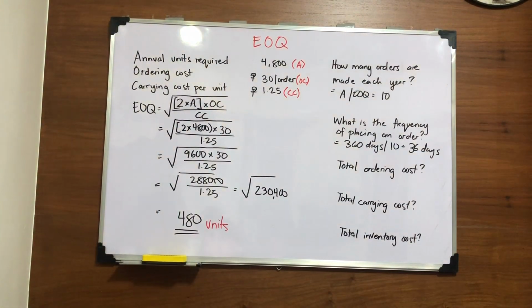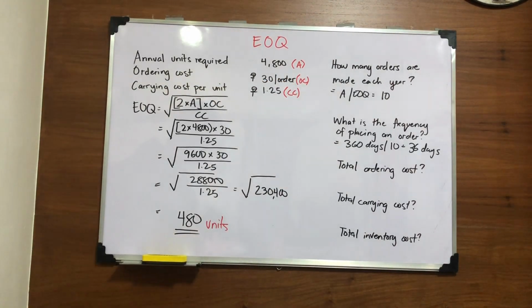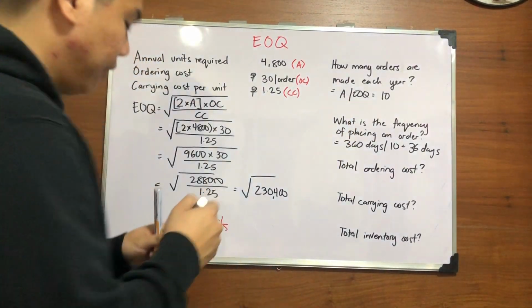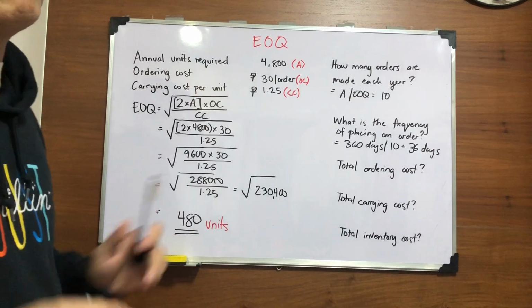Okay? So, when they ask what would be the total ordering costs, the formula for that would be your number of orders per year multiplied by your ordering cost. So, as I've said a while ago, the ordering cost is a one-time payment per order.